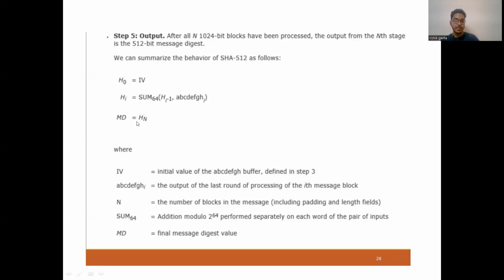The message digest MD is the hash value after the N iterations, where IV is the initial value of the ABCDEFGH buffer, which is defined in step 3. ABCDEFGH i is the output of the last round of the processing of the ith message block. N is the number of blocks in the message. Sum 64 is addition modulo 2^64 performed separately on each word of the pair of inputs. MD is the final message digest value.